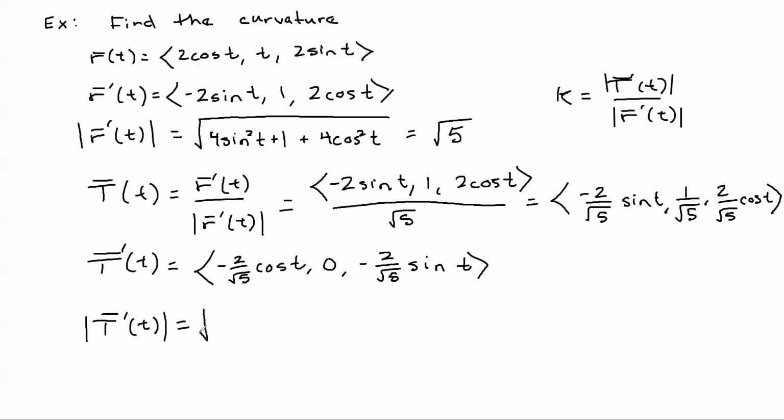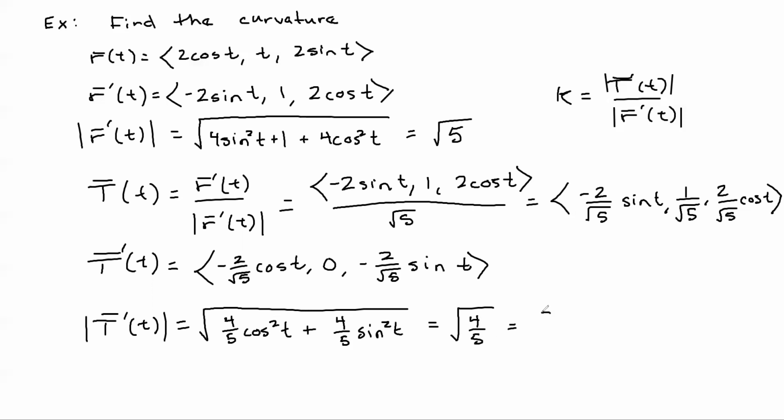That will be the square root of the components squared. Right? So we're going to have 4/5 cosine squared t plus 4/5 sine squared t. And that equals the square root of 4/5, which is going to be 2 over root 5.